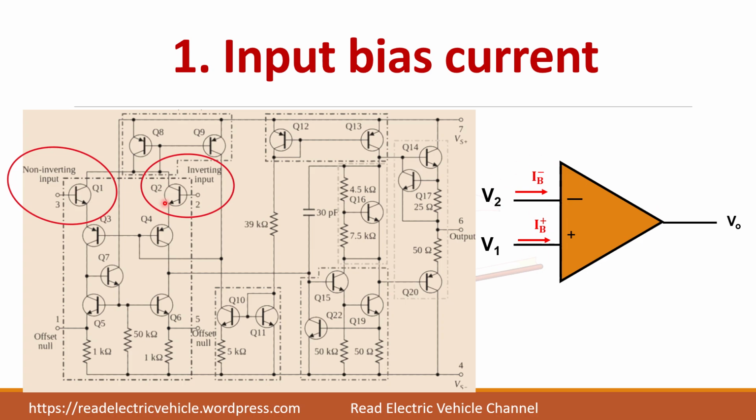But here the problem is that practically no two transistors can be similar. There will be a slight mismatch. Because of that, the bias current may not be equal. So these two currents may not be equal at all times.